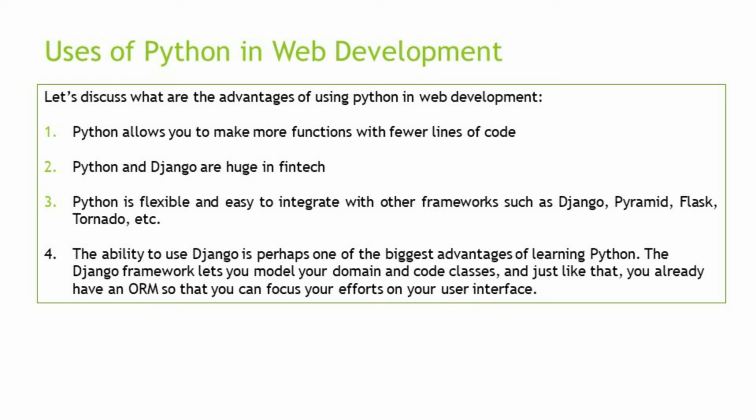Because Django is the model that can provide you a domain, a code class. Also, it allows you to have your ORM so that you can focus your effort on the user interface without looking into connecting different models like the view and the URL. All those things are taken care of in the ORM.